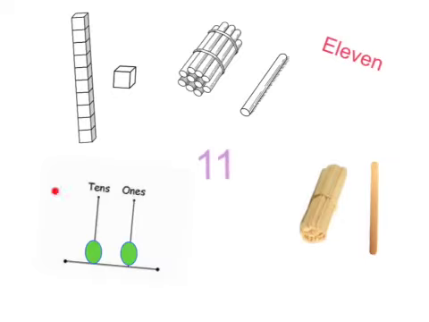I could show it on an abacus, and you may be familiar with an abacus from the work you did with tens and ones. I could show it using MAB blocks. I could show it using paddle pop sticks or bundling sticks. So these are just some ways that I can show one number.